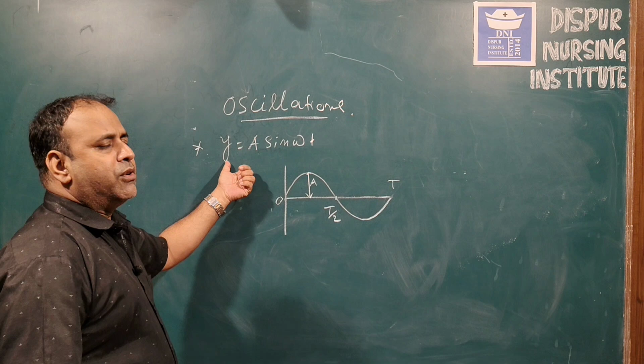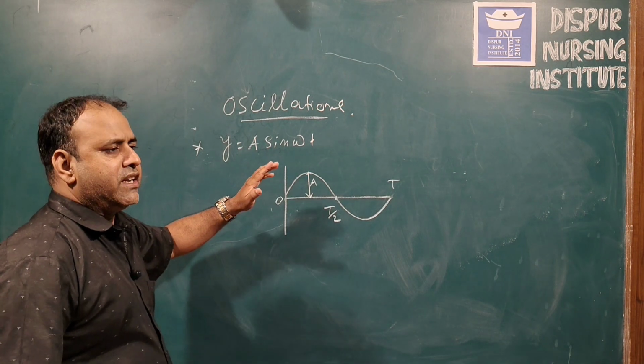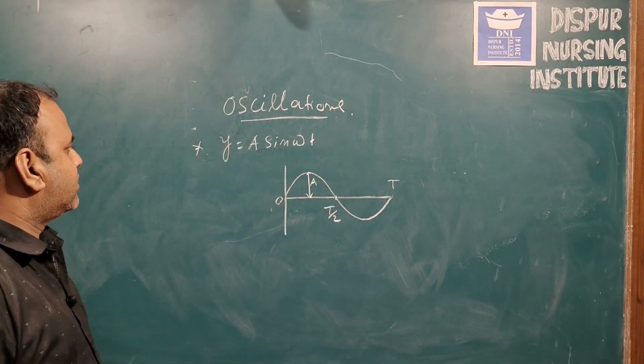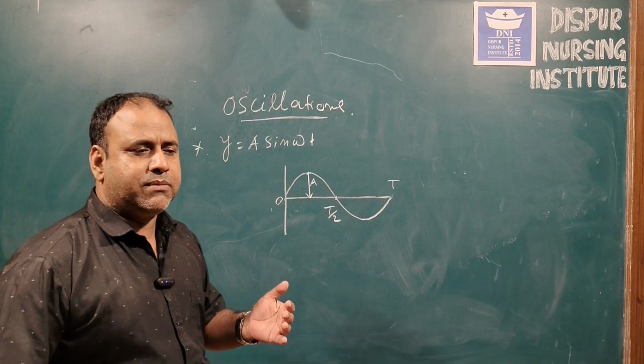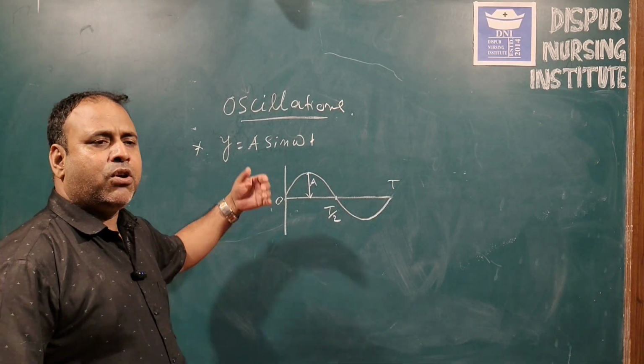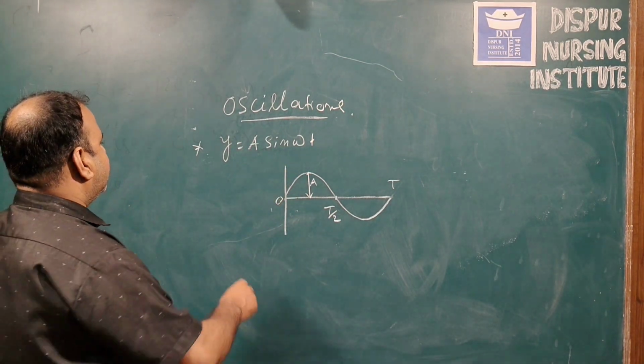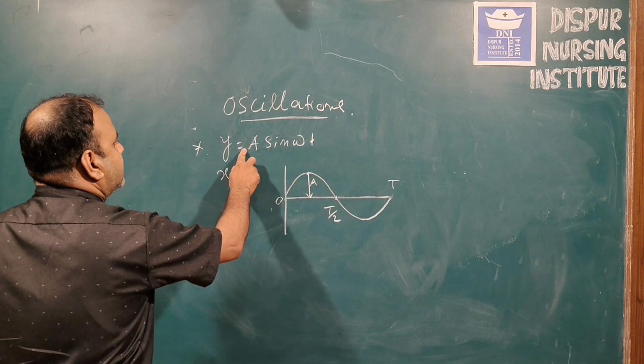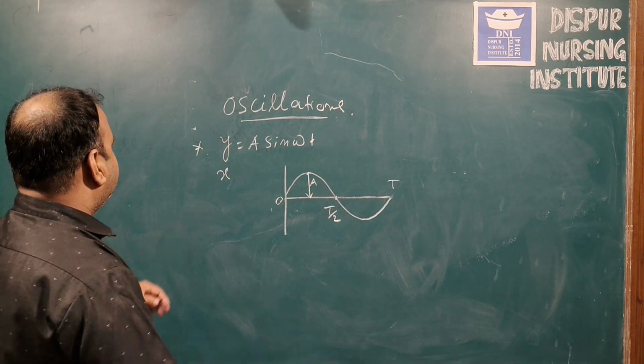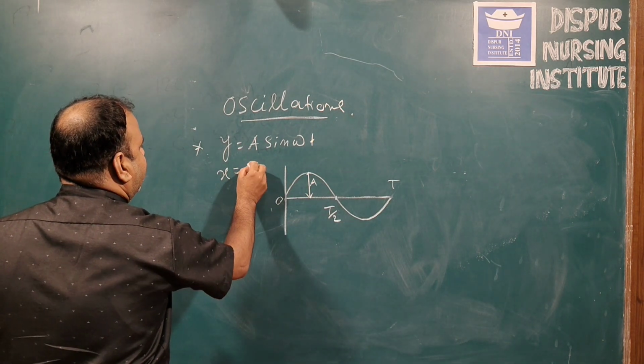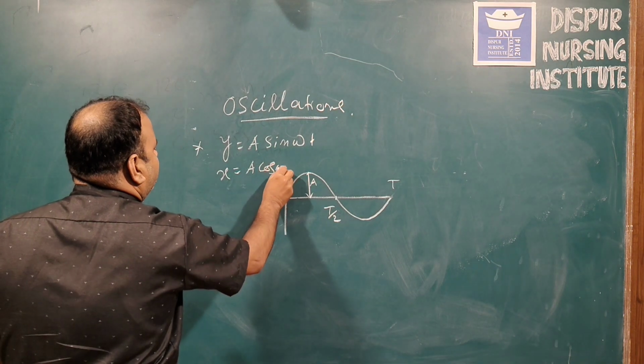So how is it possible? y is equal to a sine omega t. Dear students, always remember, in the case of oscillation or vibration, we get two types of equation. One is y is equal to a sine omega t, and if you write the displacement x, it will be a cos omega t.